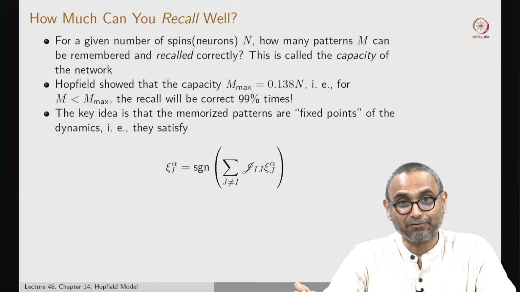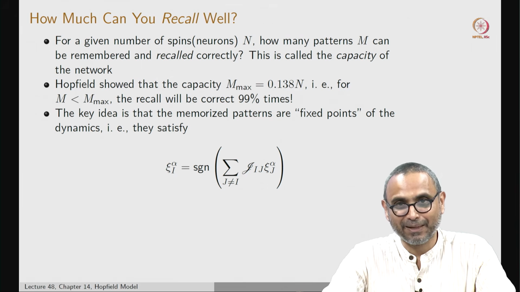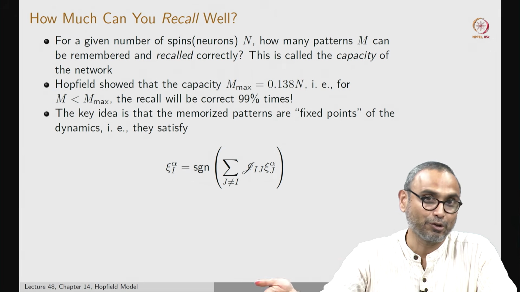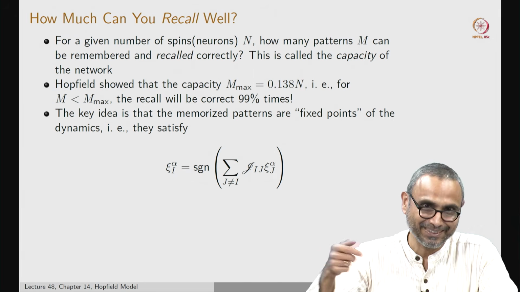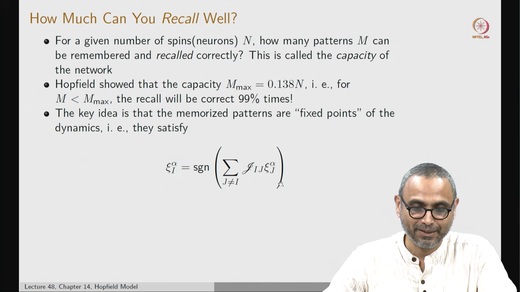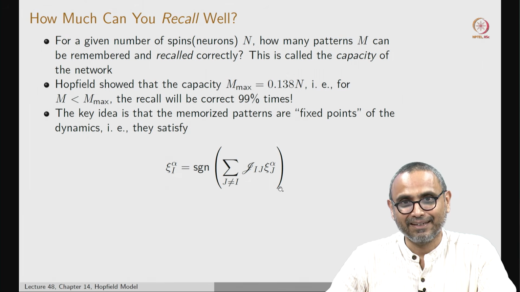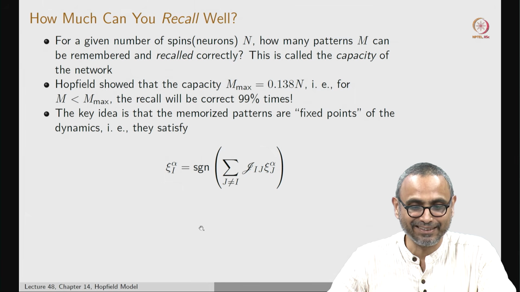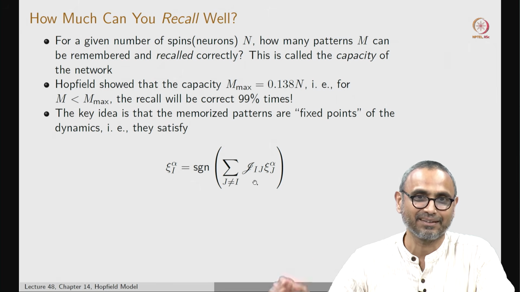Certainly we know that the patterns that were memorized, we want them to be fixed points of the dynamics, because then you will go to those fixed points, which are the patterns that you have memorized. So in particular you can ask, under what condition is this equation always satisfied, even if there are small perturbations around this initial pattern?